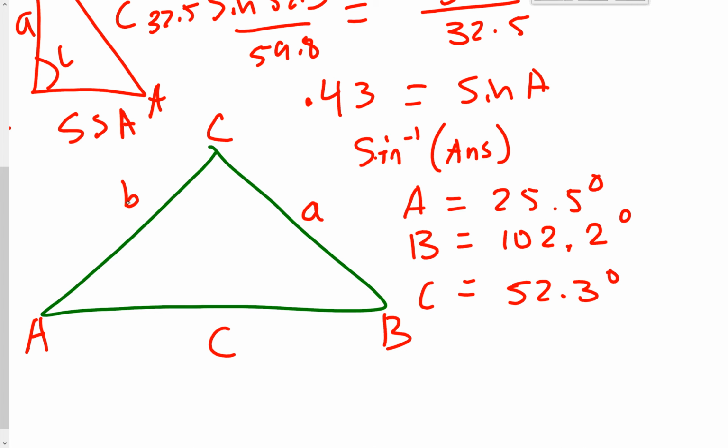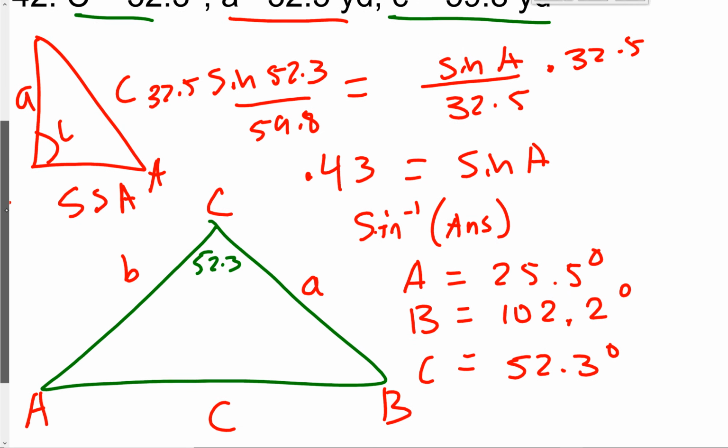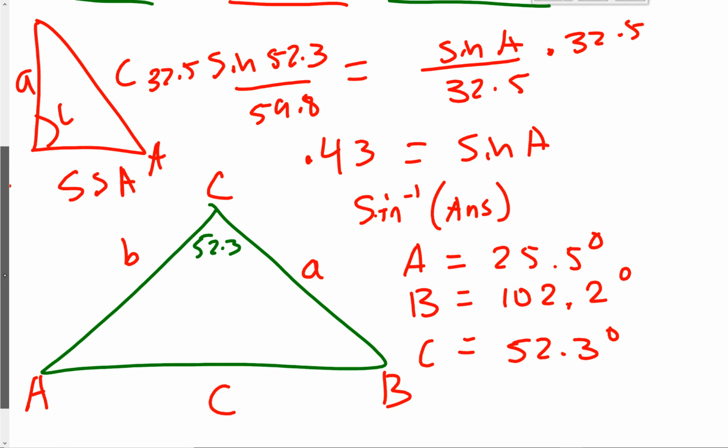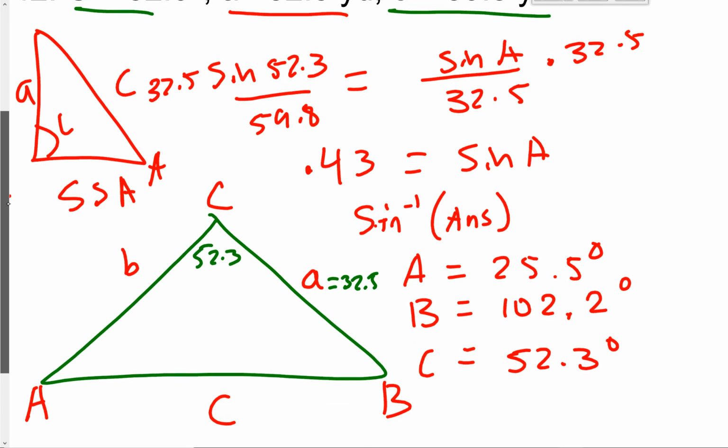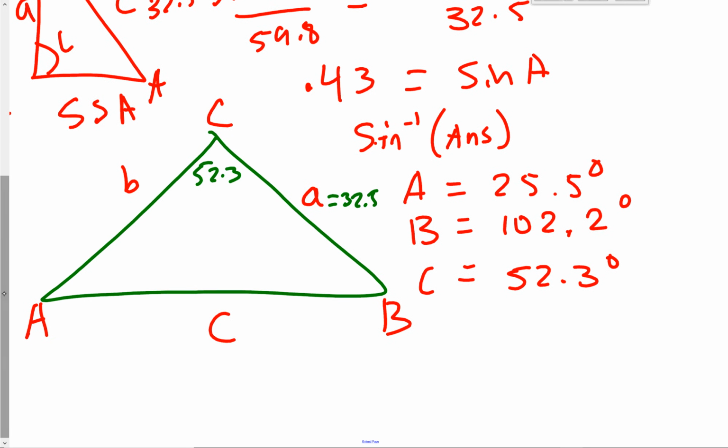Now the thing with this is, because we know this angle and this side, 32.5, and little c is 59.8, because we know those two, we can figure out angle A like we did, and then we found B. But the problem is there might be a second triangle that has the same length right in here as A.